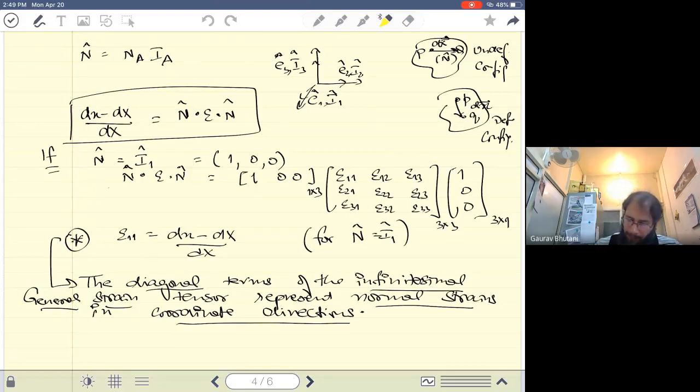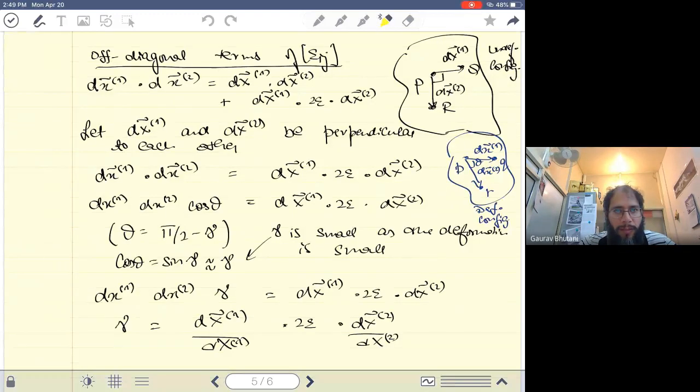Okay. So this gave us a feeling of what the diagonal components of epsilon mean. And then we started exploring the interpretation of the off-diagonal terms of epsilon, that is the non-diagonal terms.